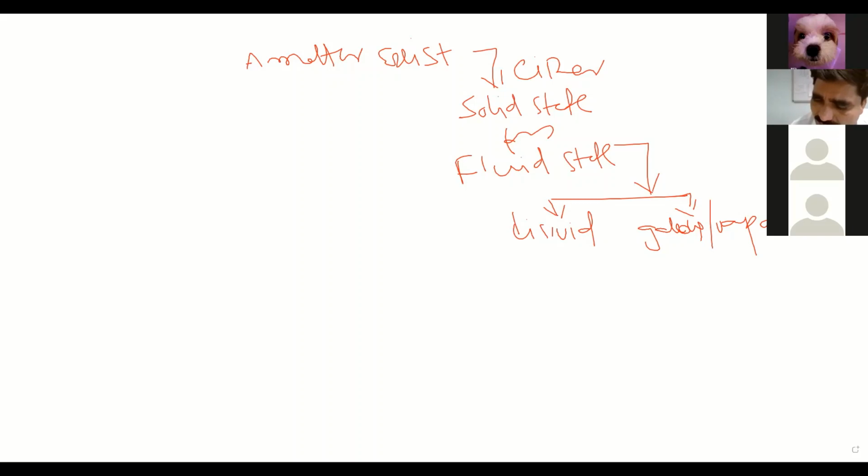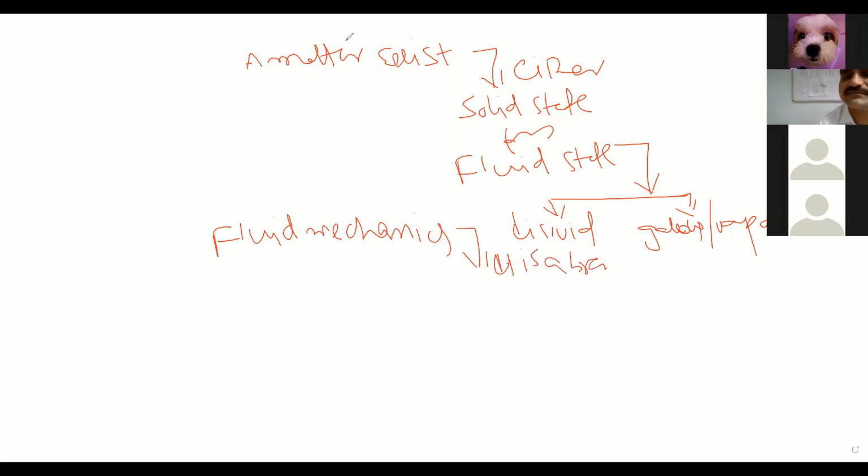Now we are going to discuss the branch of fluid mechanics. We are going to see the definition of fluid mechanics. Fluid mechanics is a branch of engineering science.